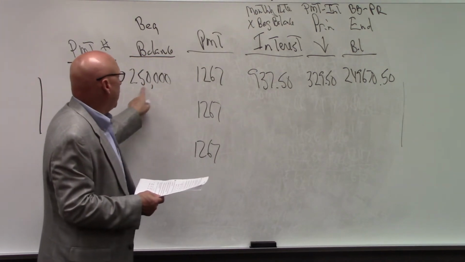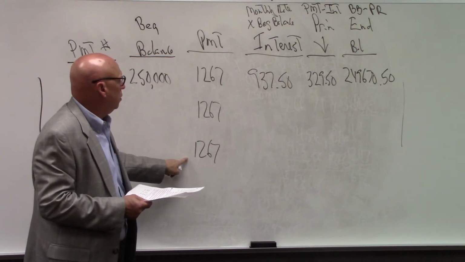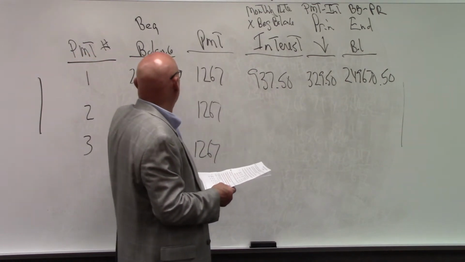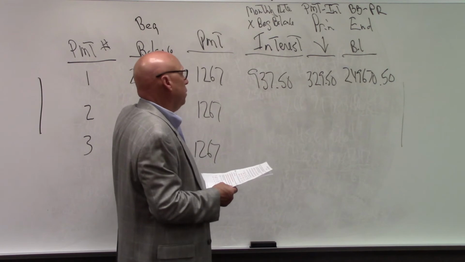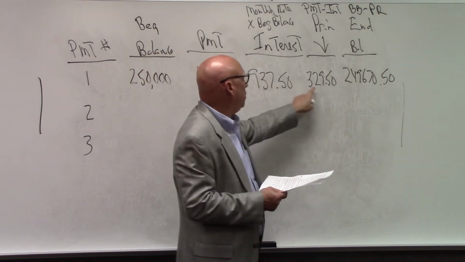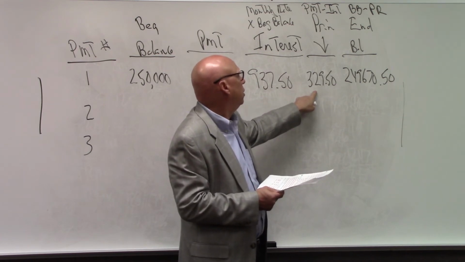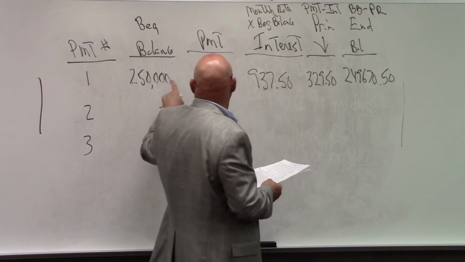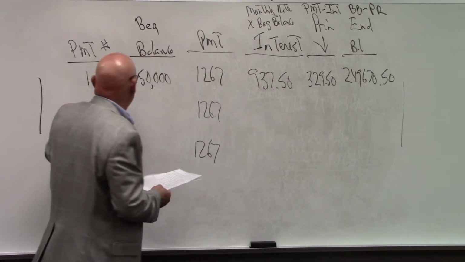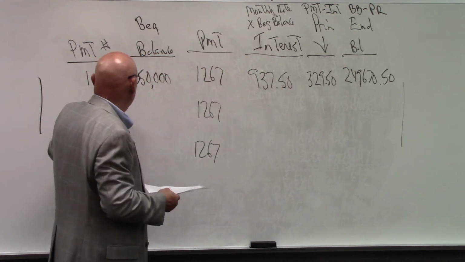So beginning balance, payment, interest, which is the monthly rate times your beginning balance. There's your interest. Subtract your interest from your payment, you get your principal reduction. Subtract your principal reduction from your beginning balance, you get your ending balance. So your ending balance there becomes your beginning balance here.